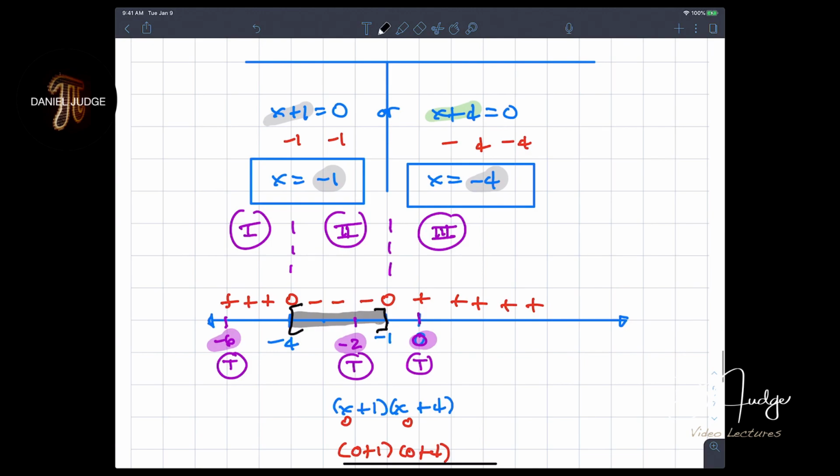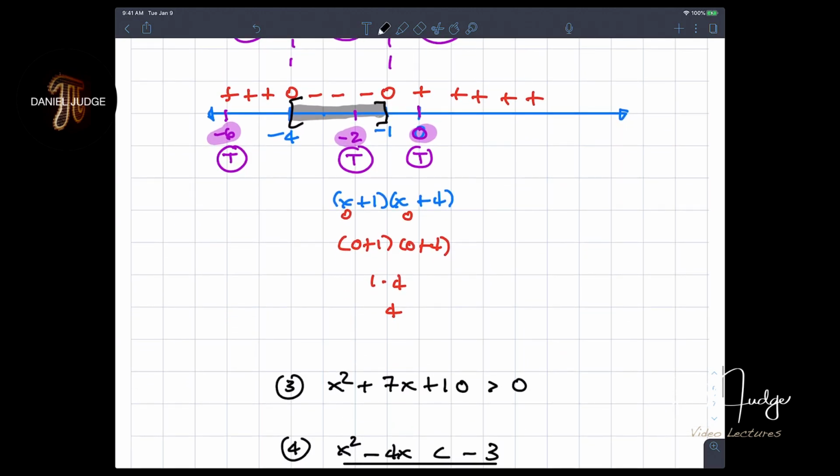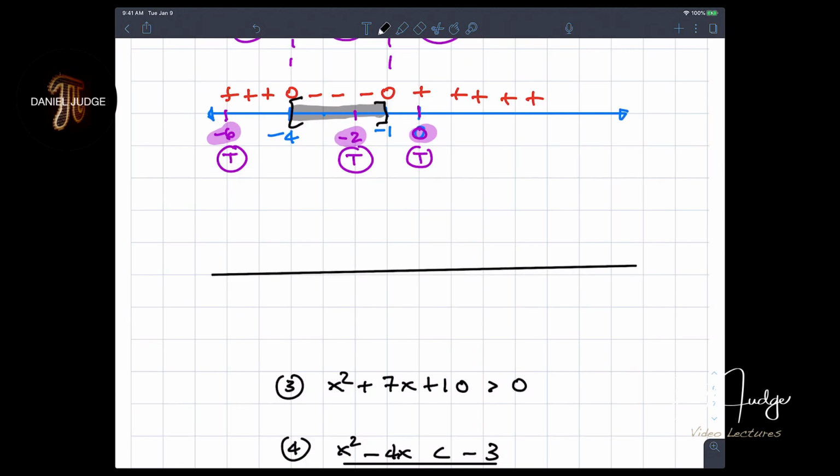So like I said, ladies and gentlemen, when you look at the sign analysis portion here, it tells you everything you need to answer the question to solve and graph a nonlinear inequality. But when you look in the back of the book, you'll see 0, negative 1, 2, 3, 4.